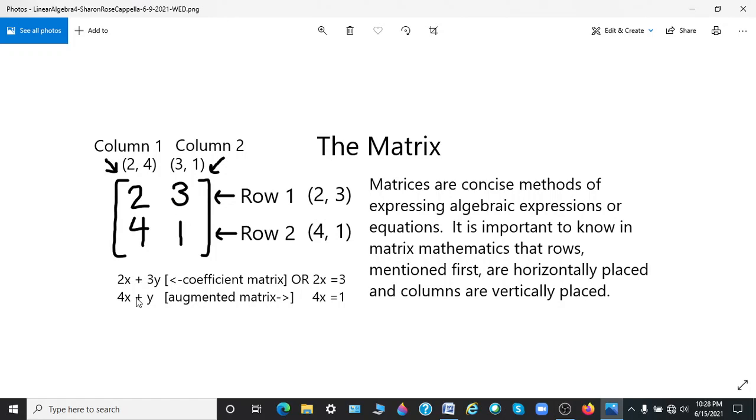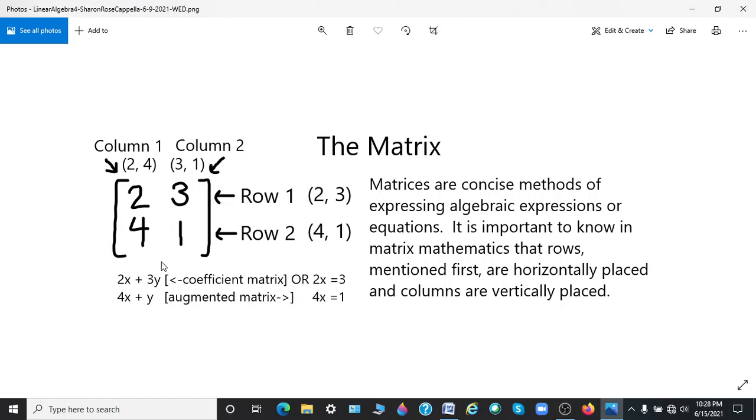Now, this can also be an augmented matrix, which means that it equals something which does not contain a variable and thereby enables you to solve and determine whether it is consistent or inconsistent. So you can say, okay, this matrix would be 2x equals 3.